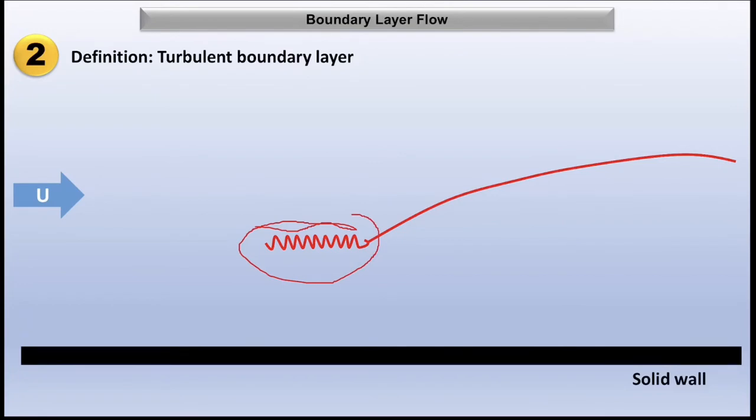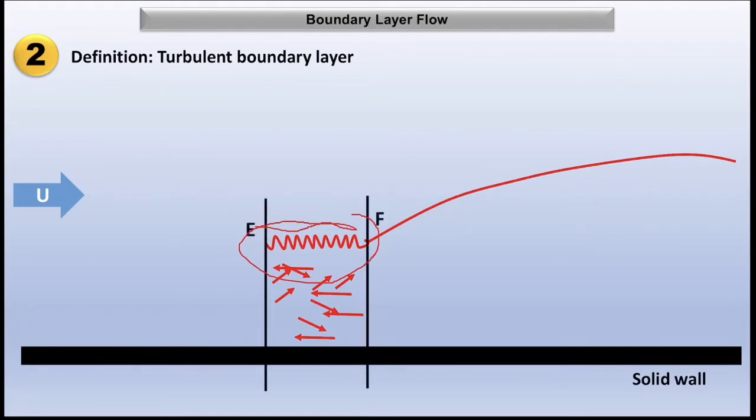Because of this unstable boundary layer, the motion of the fluid within it is disturbed and irregular, and the boundary layer changes from laminar to turbulent. Here you can see all the fluid particles moving randomly and in a disturbed manner. This happens in a very narrow zone, and this zone is called the transition zone.